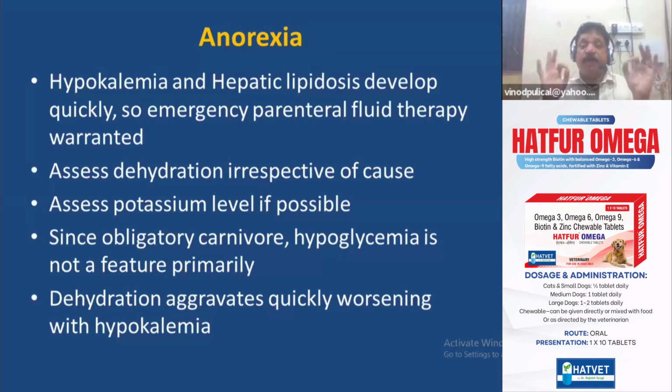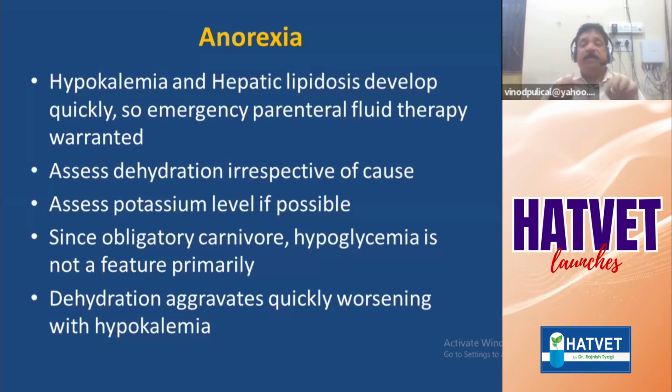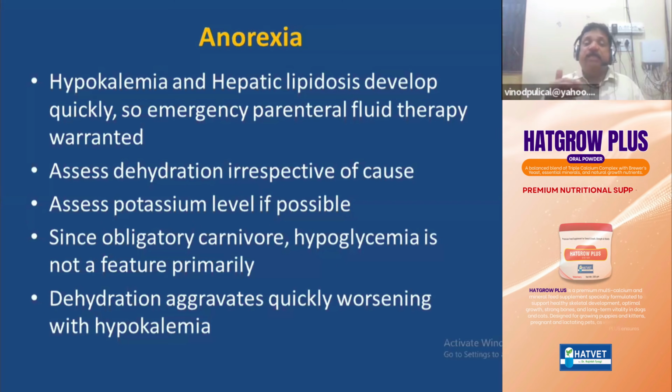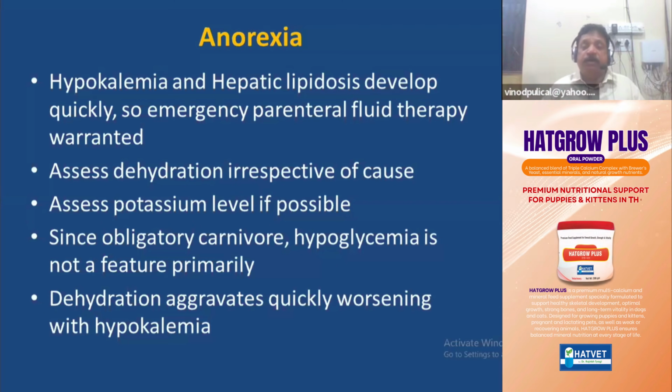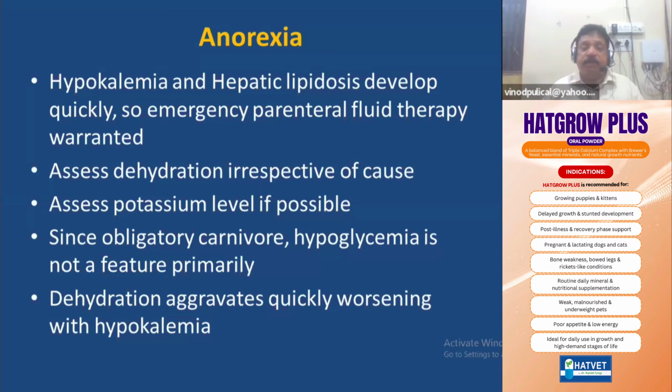So always address anorexia in the cat in a very serious manner, especially with IV fluids. And hypoglycemia occurs as time goes on. The first to occur is hypokalemia, immediately followed by hepatic lipidosis. So emergency parenteral fluid therapy is a must.